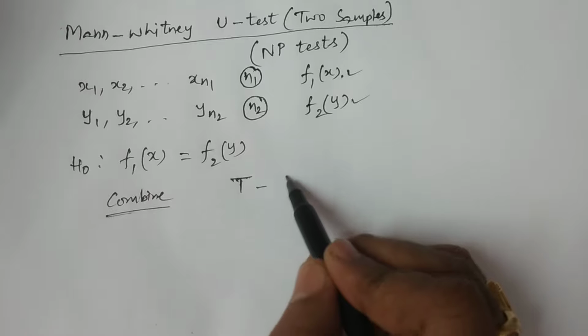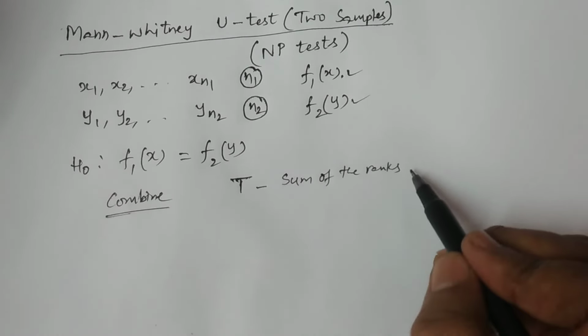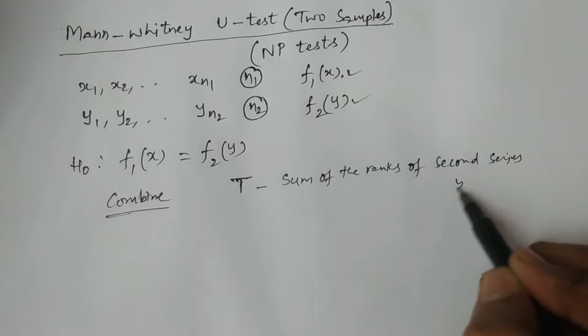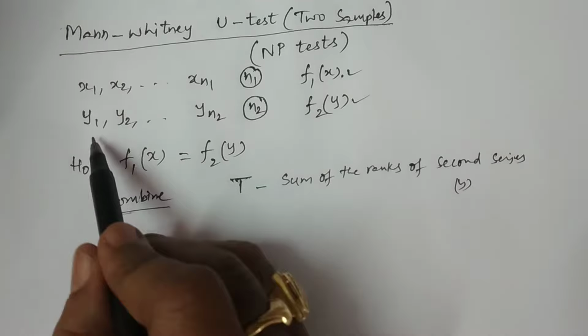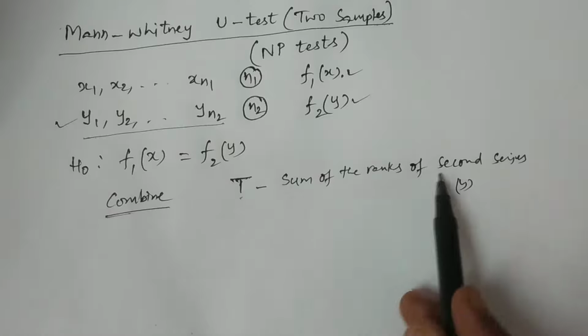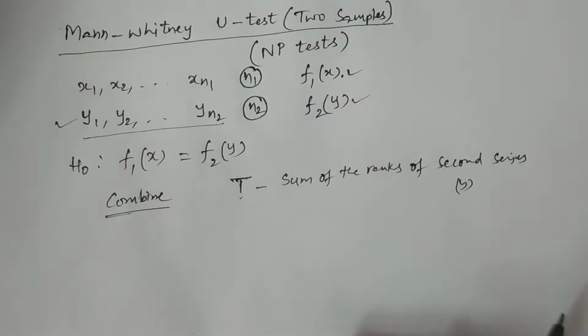T is the sum of the ranks of the second series, that is Y, which you can easily identify, in the combined ordered sample. We mix the two samples so that T denotes the sum of the ranks of the second series.